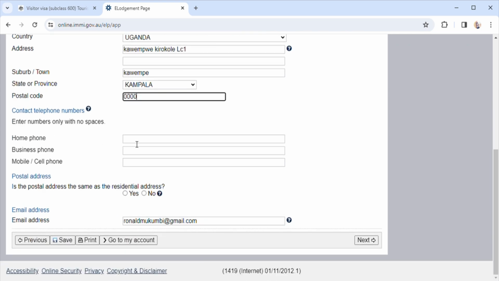Phone number, you can put 0703. Then business phone number. If you have a business phone number, you put it. If you don't have one, you leave it empty. Is this postal address the same as the residential address? You say yes. So email address, this is the email. You say next.